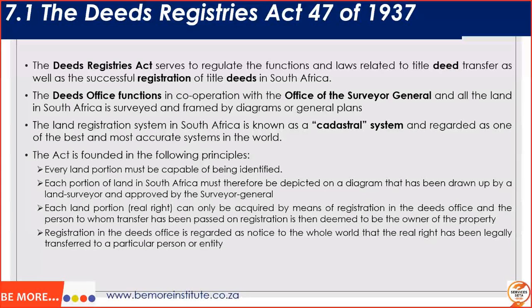But we saw properties taking forever to be registered during the lockdown, because before you sell the property, you must get clearance figures from the municipality before the conveyancers can lodge it at the deeds office.